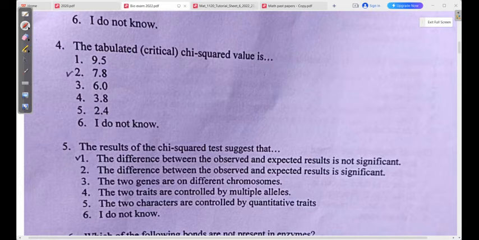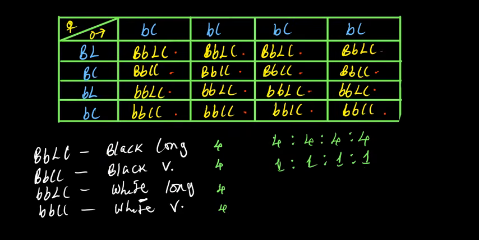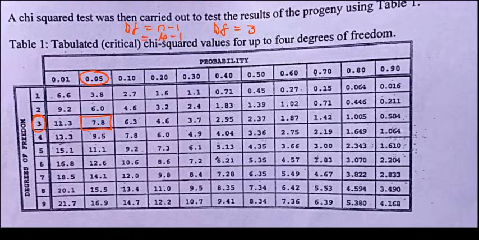Then 4 is saying the tabulated or critical chi-squared value is. So this is the one I was telling you that you can answer even before calculating the chi-square. As long as you know how to use the critical table, the statistical table, which is this one here, you're just going to go at 5% and at the degree of freedom, which is 3. So we obtained the p-value of 7.8.